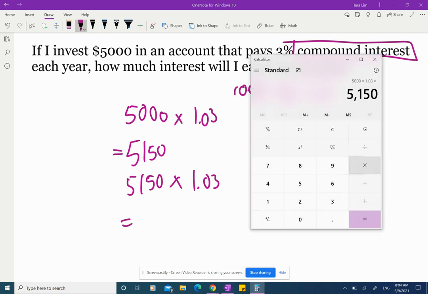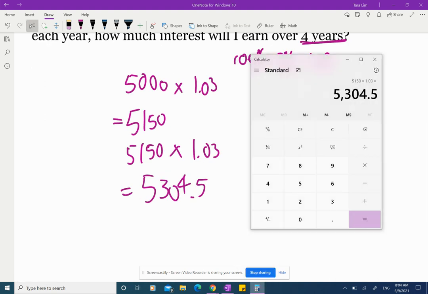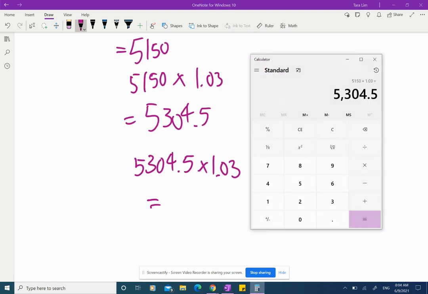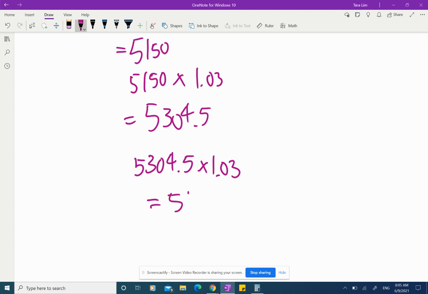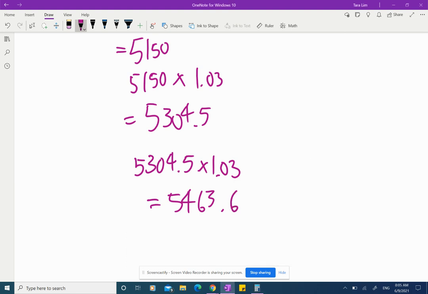So again, now we times 1.03. And then the answer. And then again, after we have calculated this, we have to continue doing it, times 1.03 again. So let's just round this off to 5,463, let's just say 0.6.